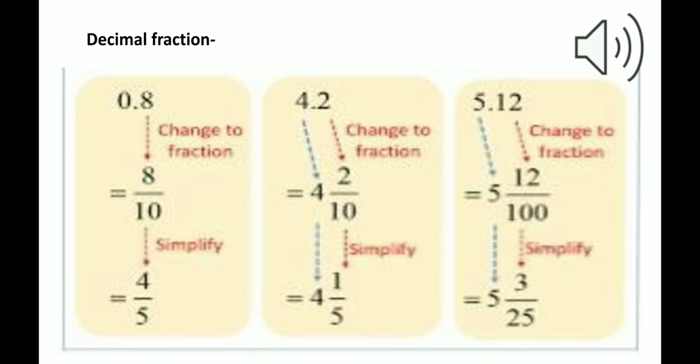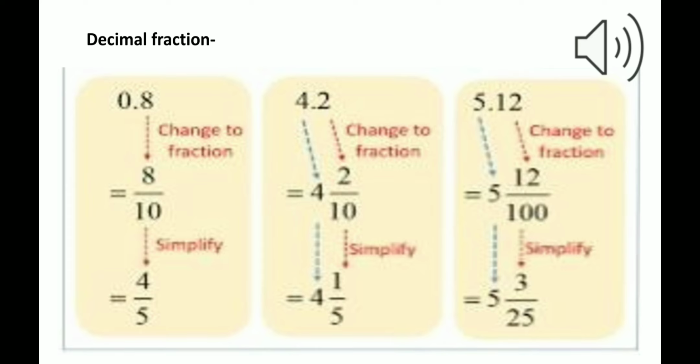Okay, and if you further divide this number, that means if you cancel out the common terms, it will turn to 4 by 5. You have to simplify the number and then keep it. You cannot keep it in multiples. That means you cannot keep it in equivalent form. You have to come to the lowest form. So the lowest form is 4 by 5. So the decimal fraction here is 8 by 10.